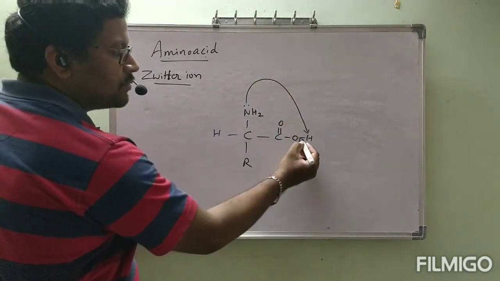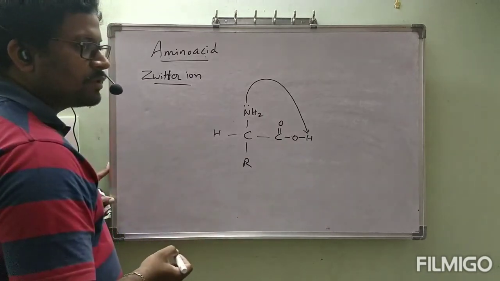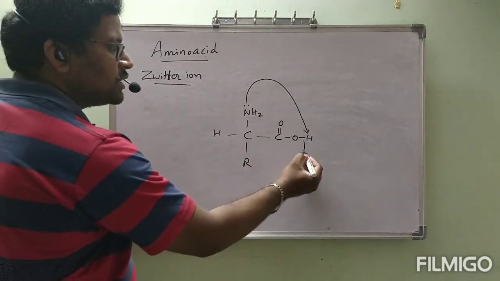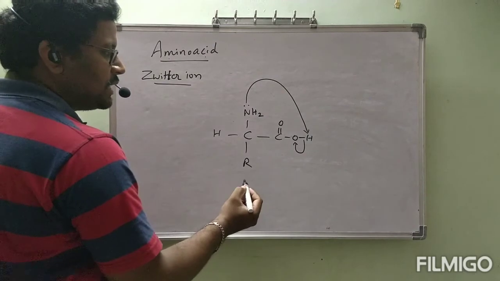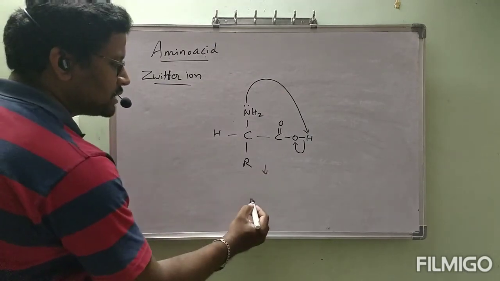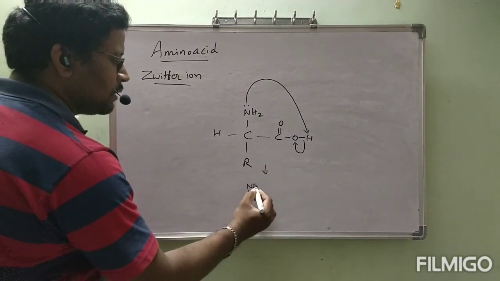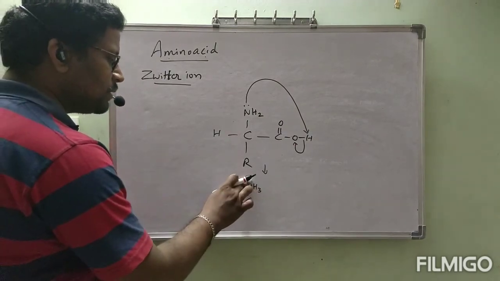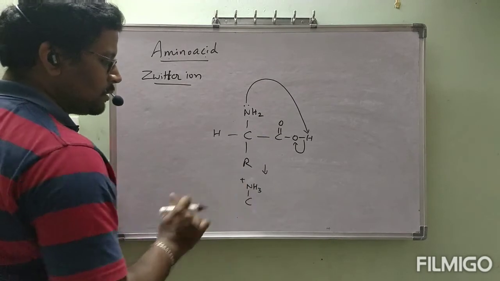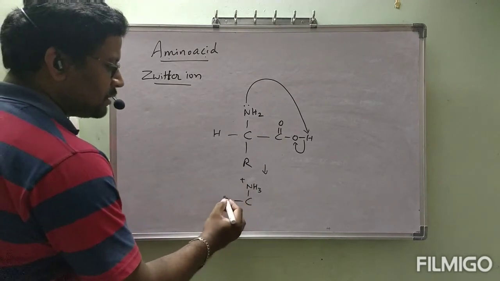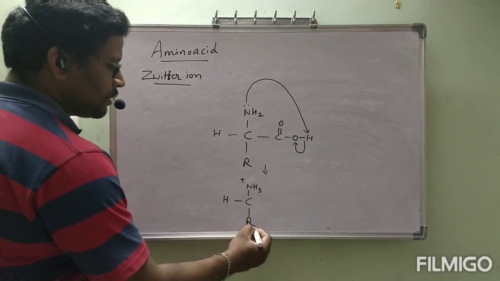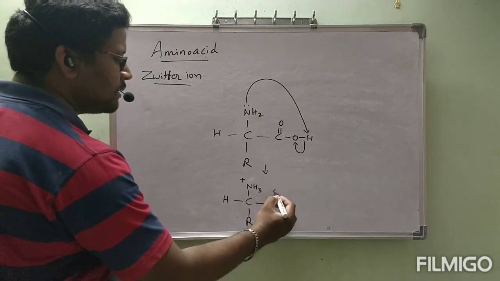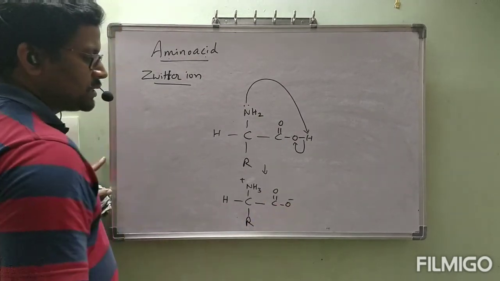At that time, out of the OH bond, oxygen being more electronegative, the bond is shifted towards oxygen. Then it is converted to NH3 plus, so the lone pair is not there now: NH3 plus, H, R, C double bond O minus.